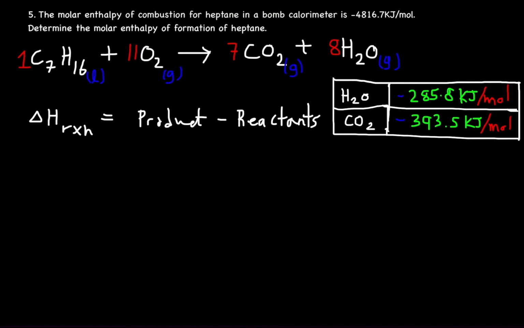We're already given the enthalpy change of the combustion of heptane, which is negative 4816.7 kilojoule per mole, but there's only 1 mole of heptane in this reaction, so we're not going to need that, which equals the product.